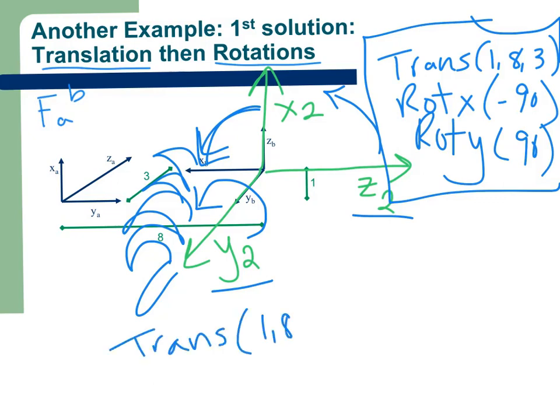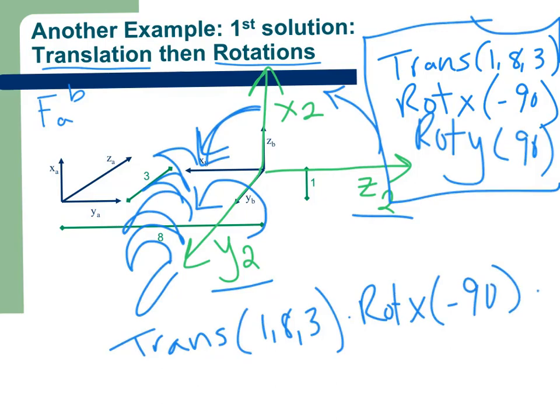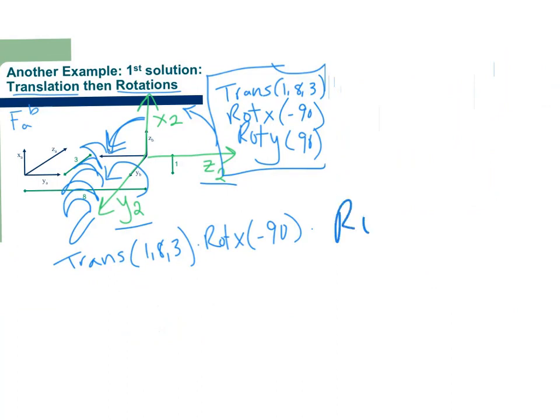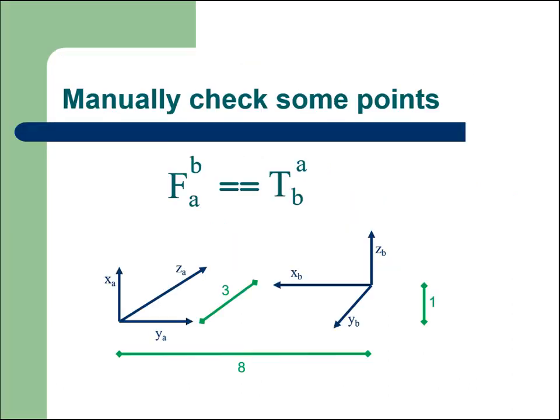So that turns into trans of 183 multiplied by rot x of negative 90, multiplied by rot y of 90, doing it left to right now. Let's eyeball a few points and see what we get, and then compare the results in Mathematica. Let's start with our old favorite, the origin.